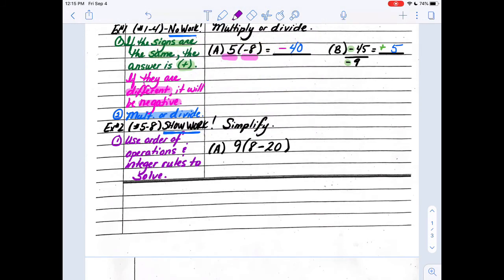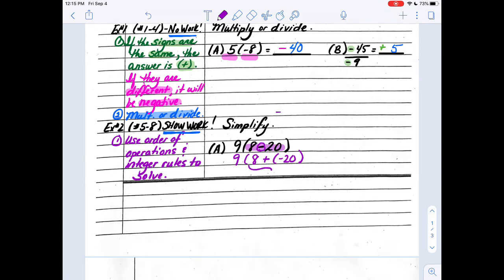So when I look at this right now, I'm hoping you would tell me to do my parentheses first. But I'm also hoping that you notice that there's a subtraction sign inside here, and we know that really means to add the opposite. So this is really 9 times 8 plus negative 20.